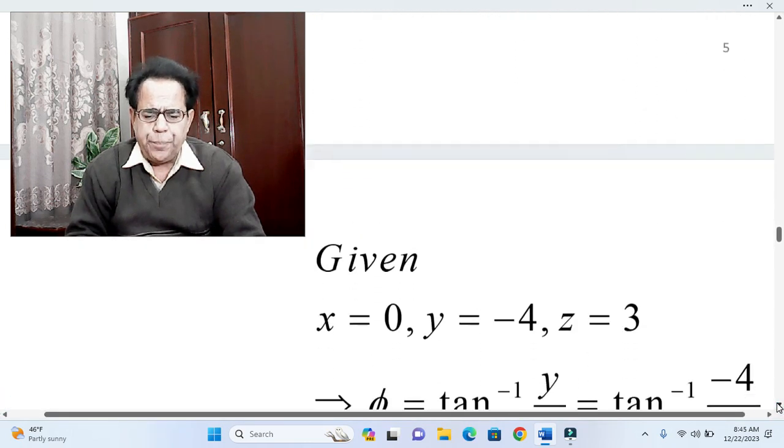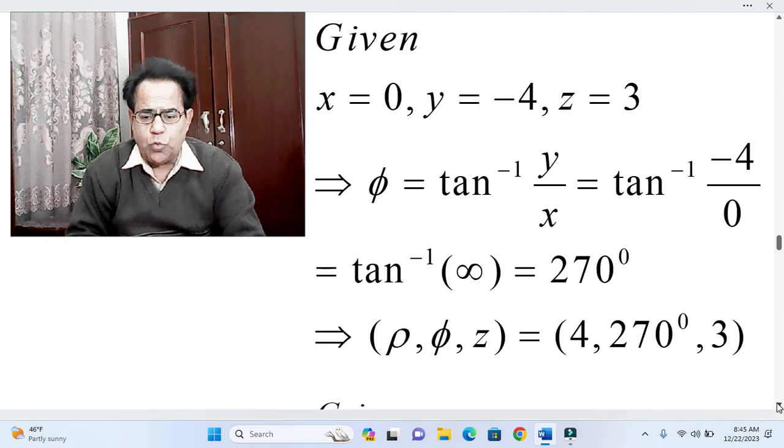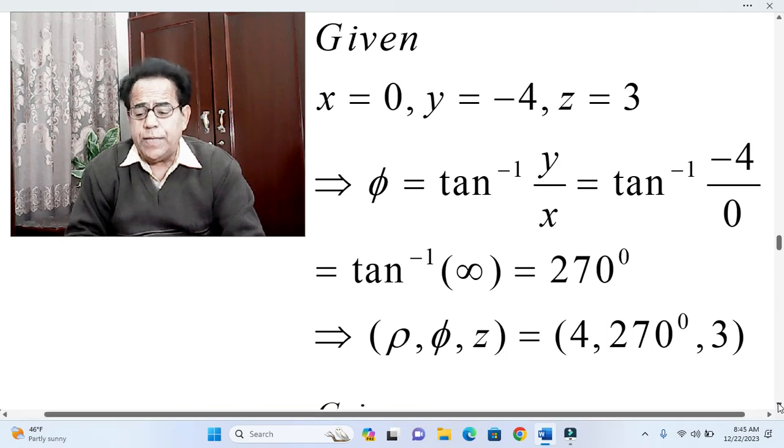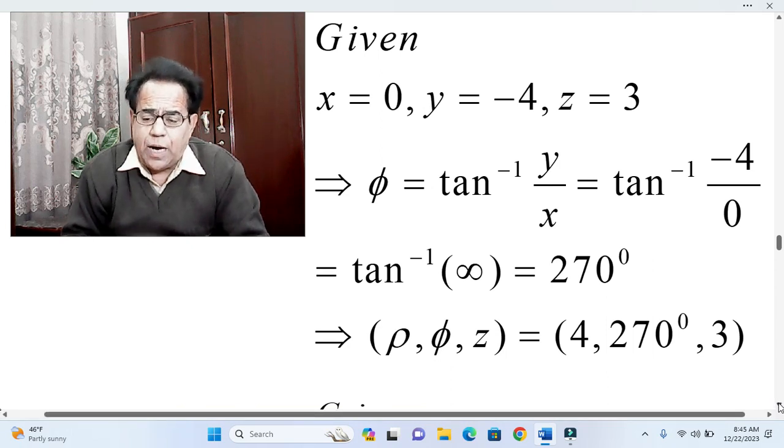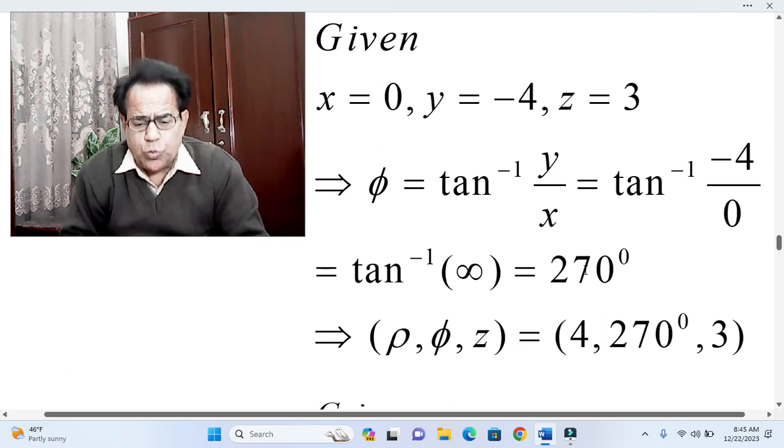Given this, phi becomes equal to tangent inverse y over x, which is tangent inverse minus 4 over 0. Here, dear students, division by 0 is not allowed. It means it becomes infinity, and hence this value becomes equal to tangent 90.